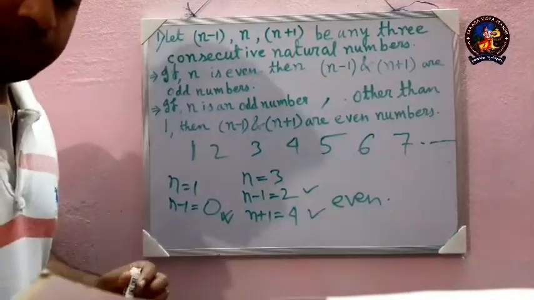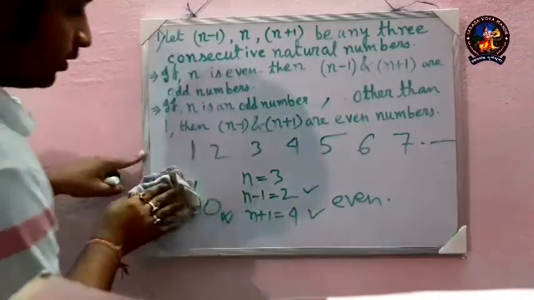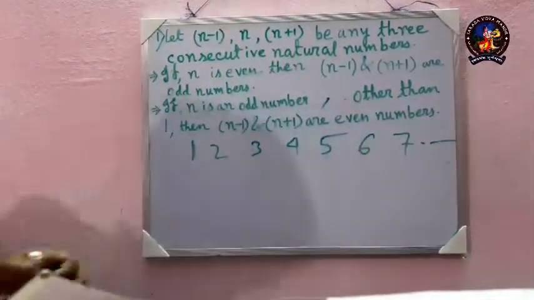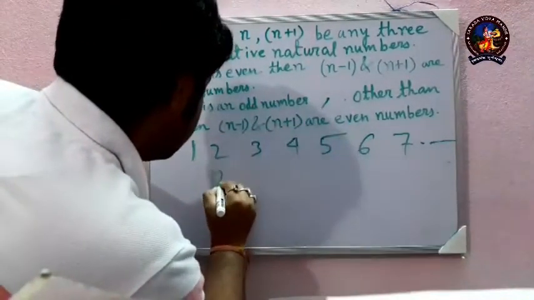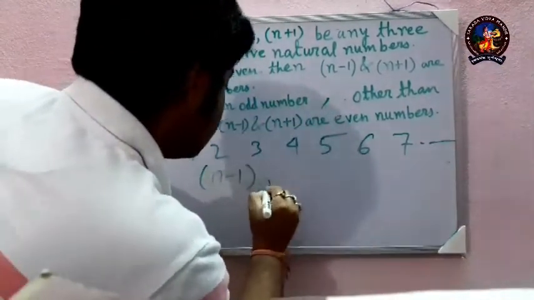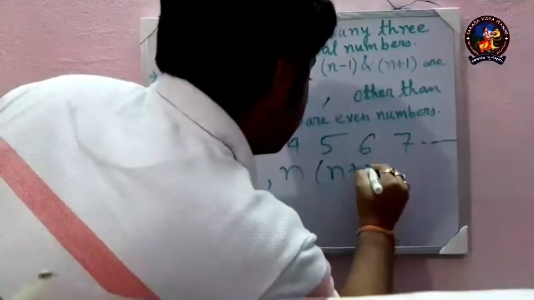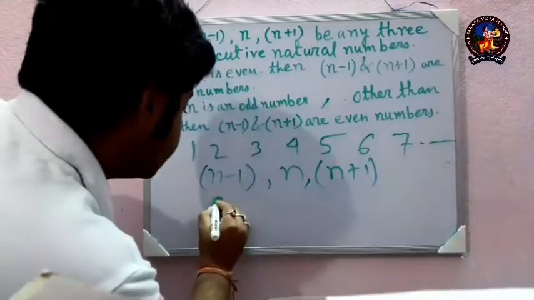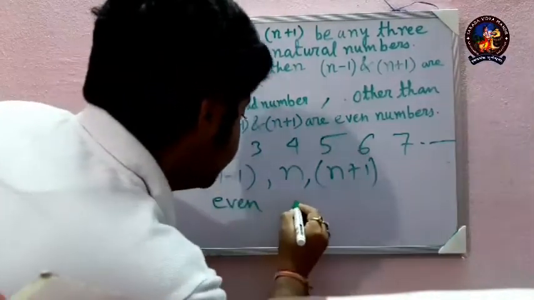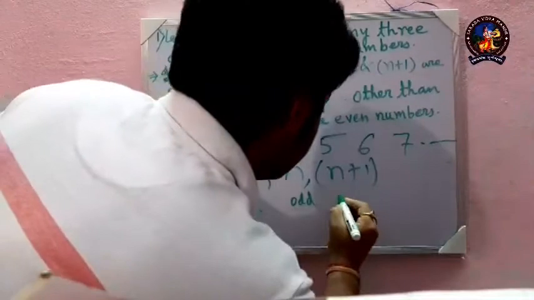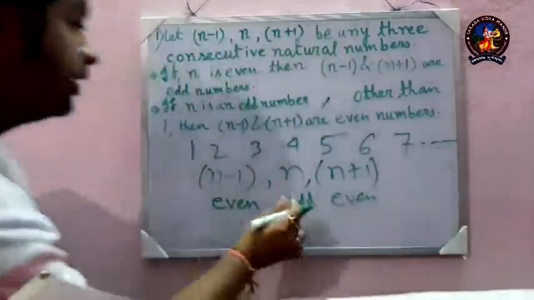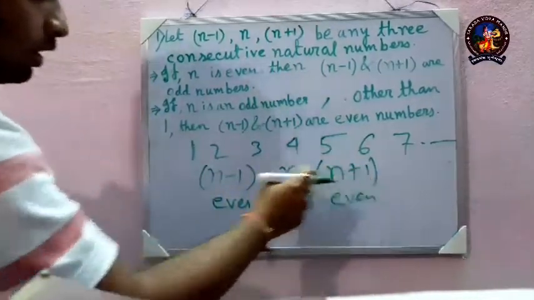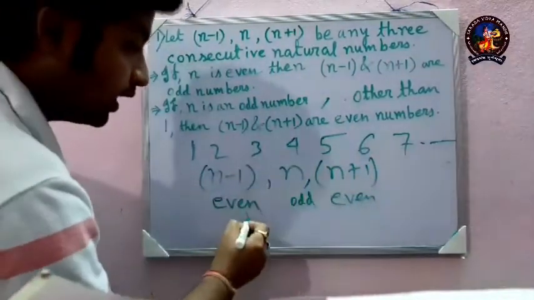So from this result we can say that n minus 1, n and n plus 1 are three consecutive numbers where n minus 1 is even when n is odd, and n plus 1 is even when n is odd. So n minus 1 and n plus 1 are two consecutive even numbers, right?